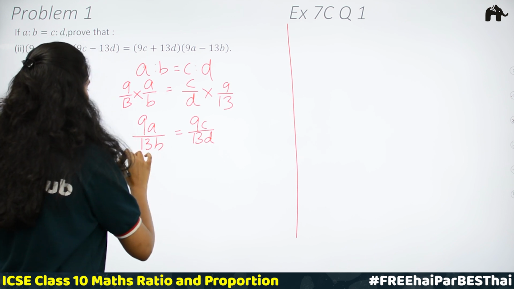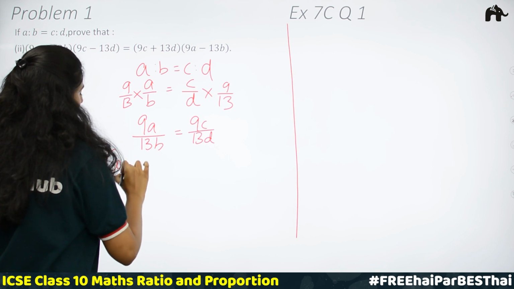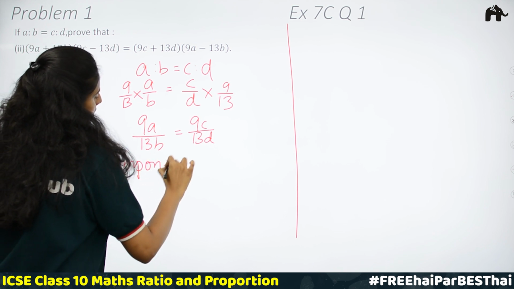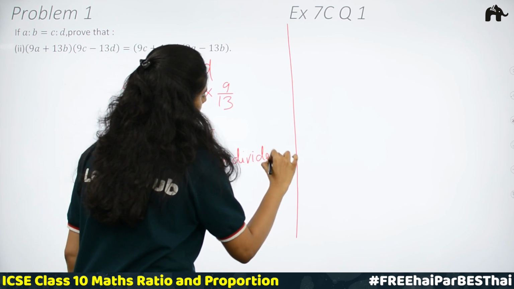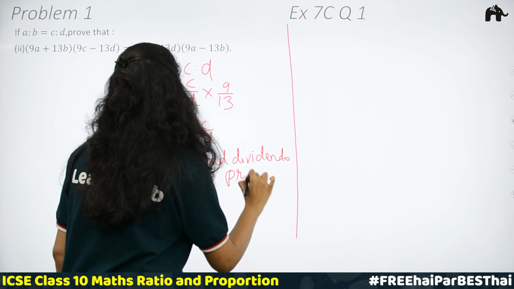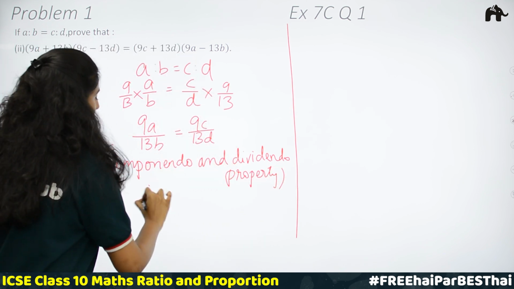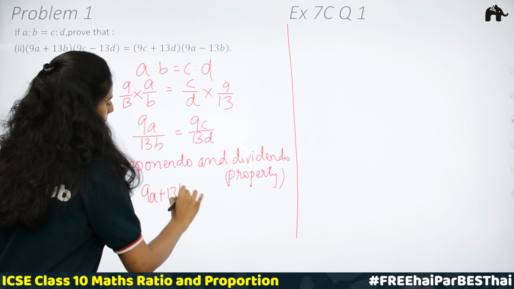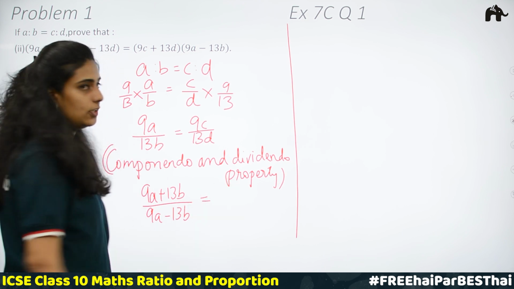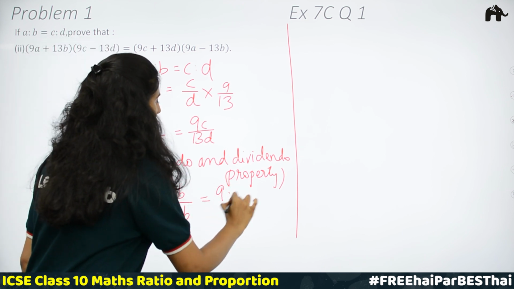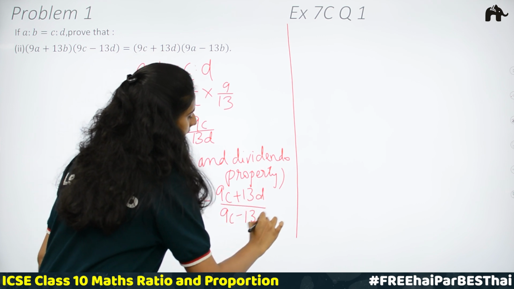Next, applying the componendo and dividendo property. We will be getting 9a plus 13b divided by 9a minus 13b is equal to 9c plus 13d divided by 9c minus 13d.